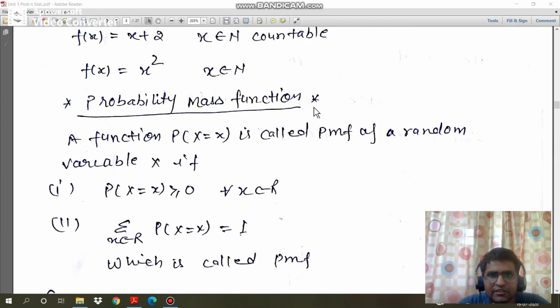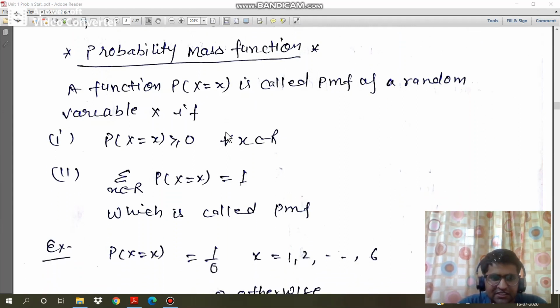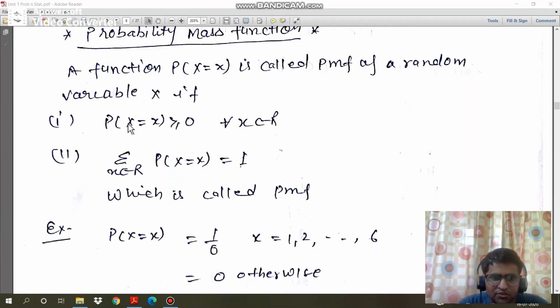This is the probability mass function. When we talk about a discrete function, we must talk about the probability mass function. A function, say p(x) = P(X = x), is called the probability mass function of a random variable X if these conditions hold. First, p(x) ≥ 0 for all values of x belonging to R, where R means real values.